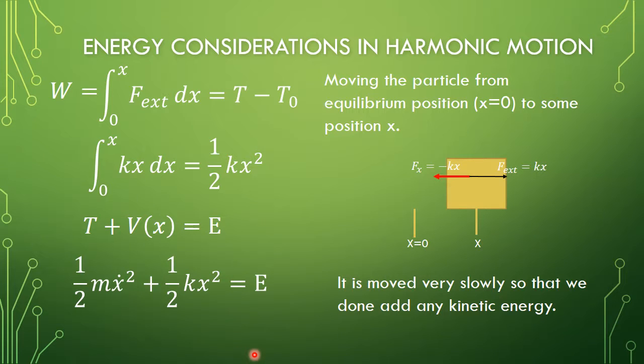So we have both the kinetic energy and the potential energy. It should be equal to the total energy of the system. And then if we know that, we can use this information to help us figure out some more information about our oscillating system here. Just another way of showing you how to use energies to help you solve a problem.